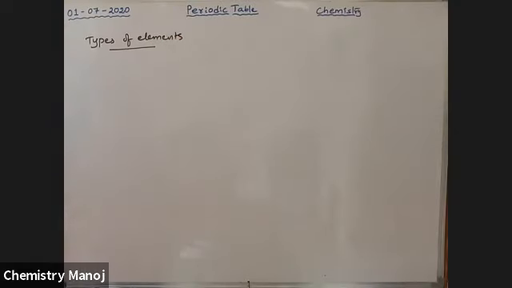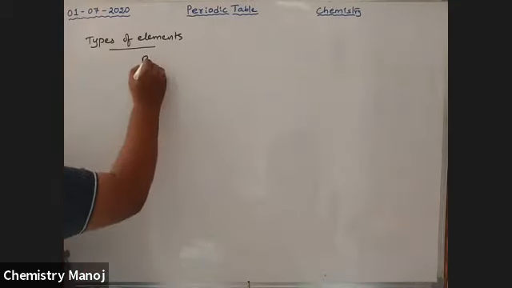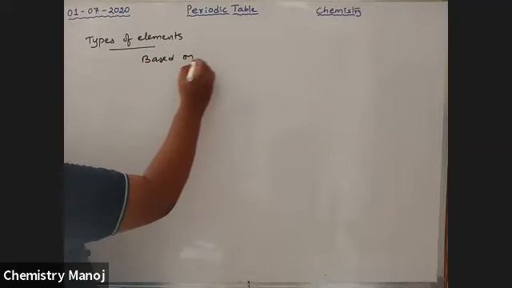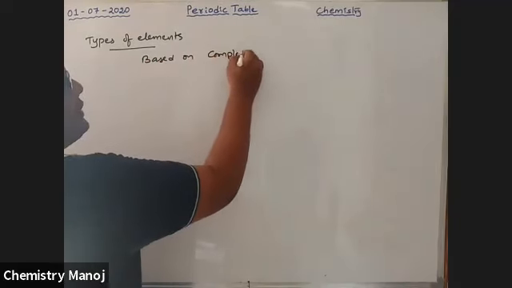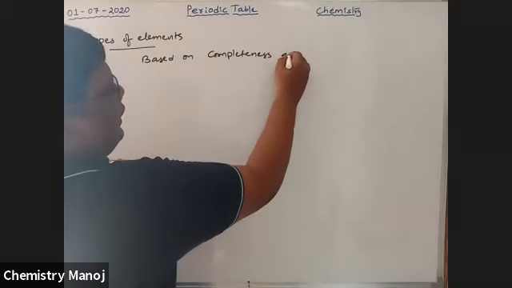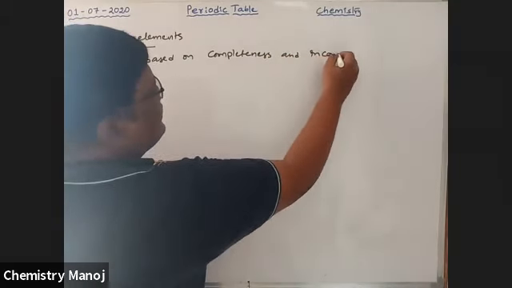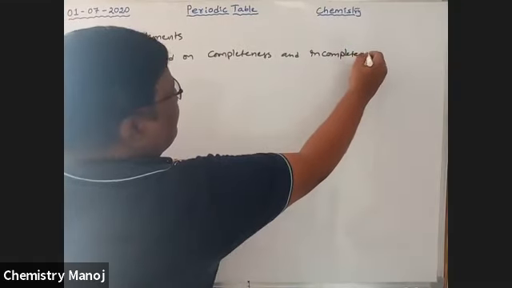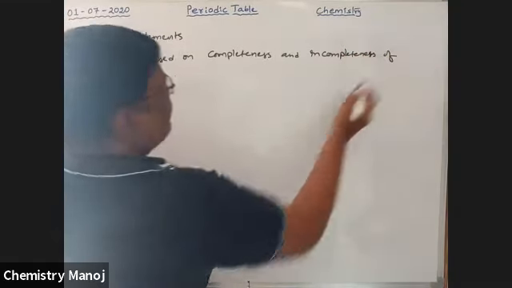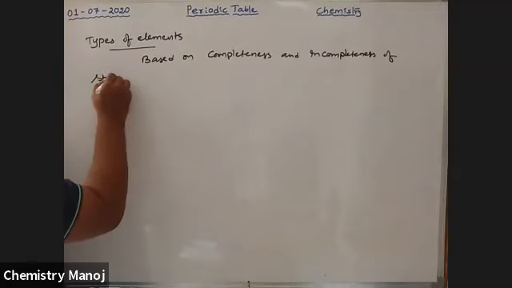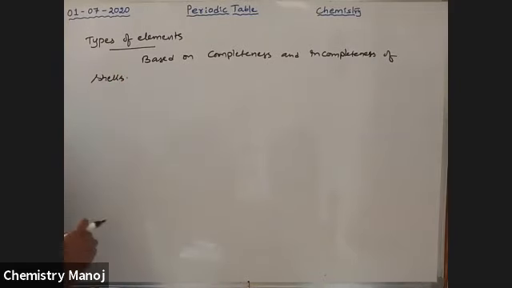Now, the entire periodic table is broadly divided into 4 types based on completeness and incompleteness of shells.